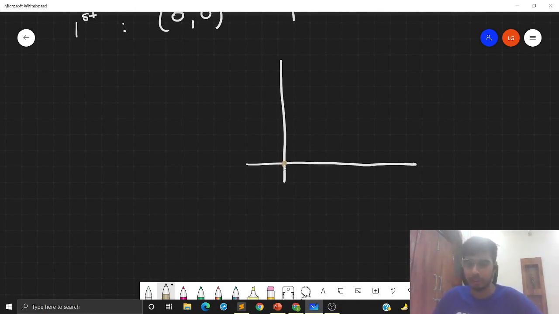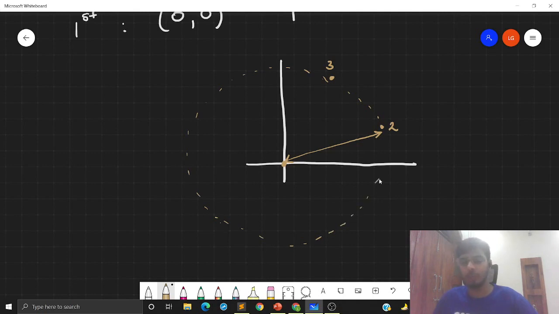So this is my first point. Somewhere I have my second as well as third point. Now suppose I have this distance available to my query. Can I find out the exact location of this point? No. Again, this can lie anywhere on this complete circle, and there can be several possible integral points on this circle.